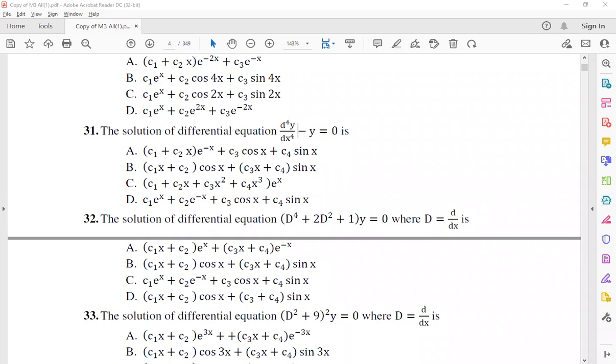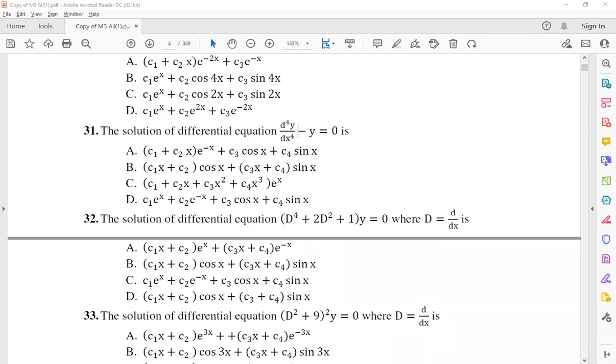So the roots for this, if we solve, are 1, minus 1 and plus minus i. Real, different, imaginary, alpha 0, beta 1.